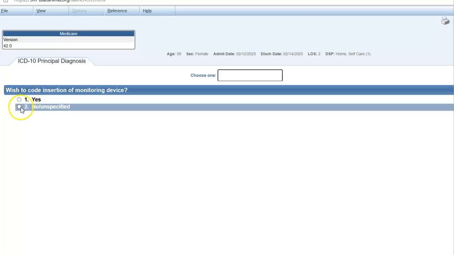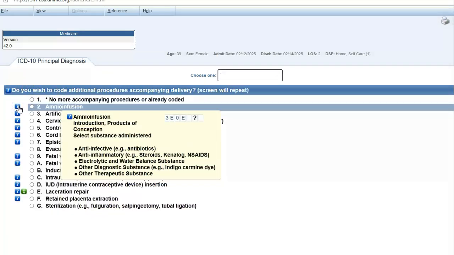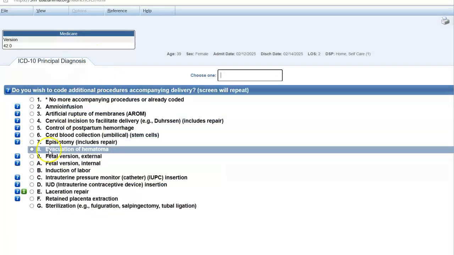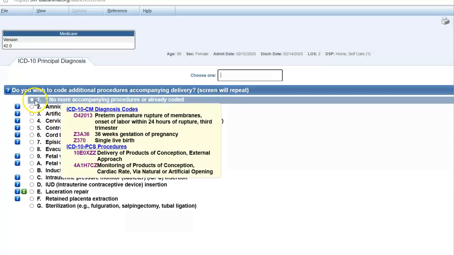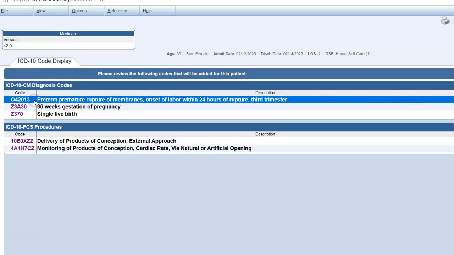No, it won't let me. Okay. So we will do the abdominal one next.